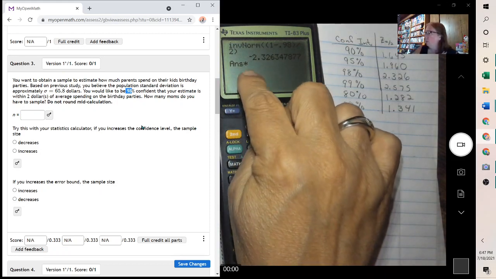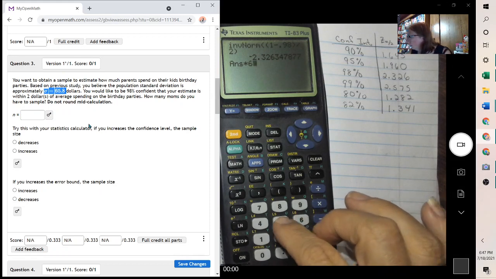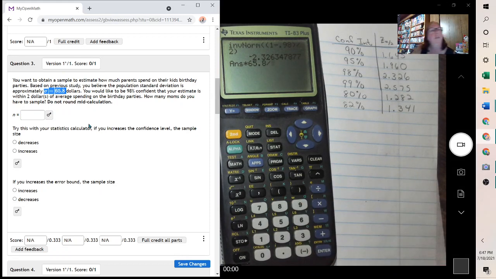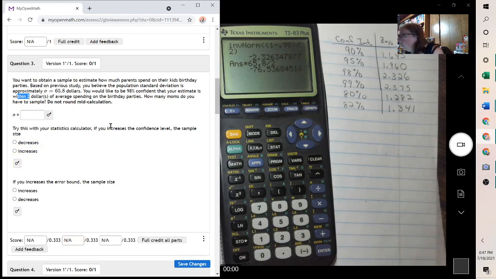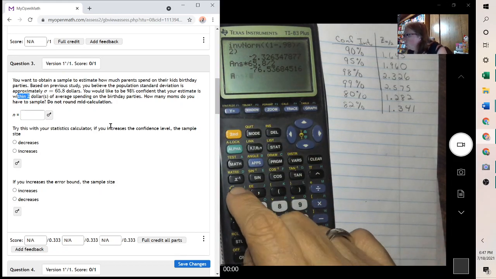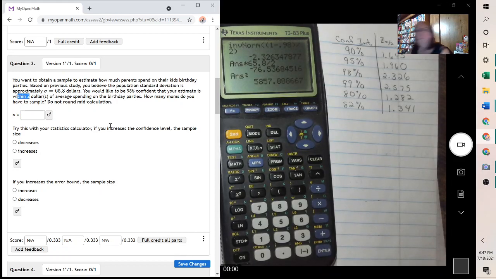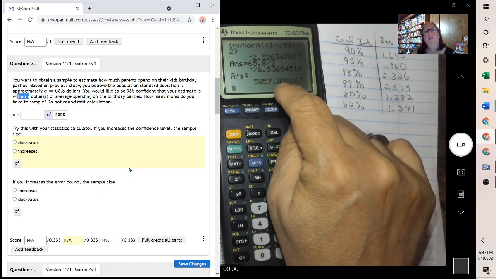Notice I just hit times and it took the whole answer. Standard deviation, 65.8, divided by the error, which is 2, and hit enter. Now I didn't square this yet because I didn't put the parenthesis. So then we can square it. 58.58. Always round up no matter what the decimal is.